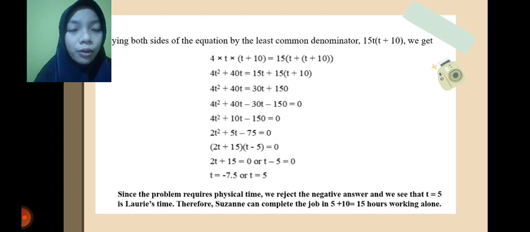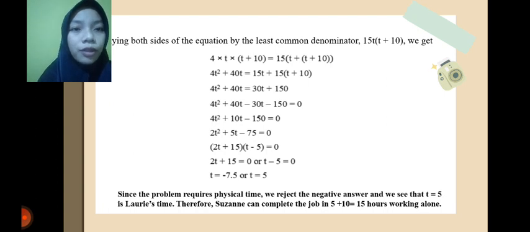So we get 4t squared plus 40t equals 15t plus 15t plus 150.